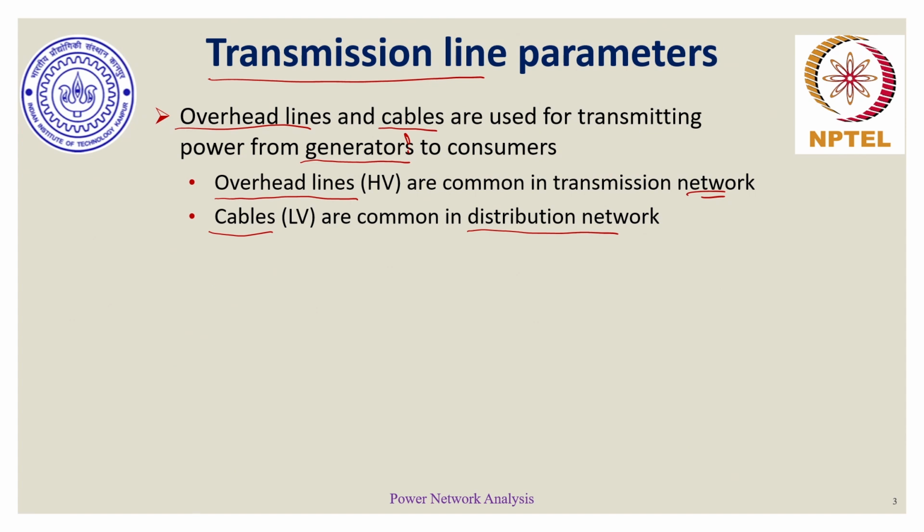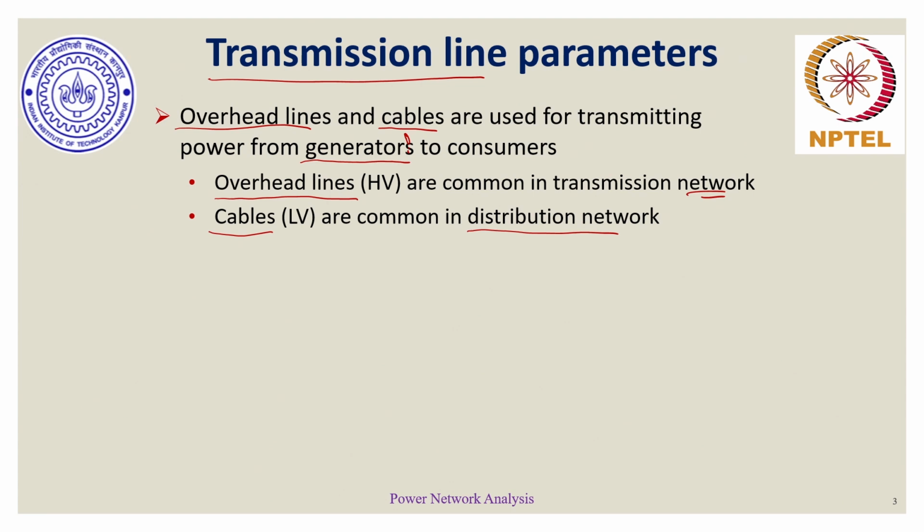Cables are replacing overhead distribution lines day by day, because the voltage requirement is low, hence the insulation requirement is low and the safety concern is relatively low, although there are issues with cables compared to overhead lines in terms of monitoring and locating any disturbance or fault.